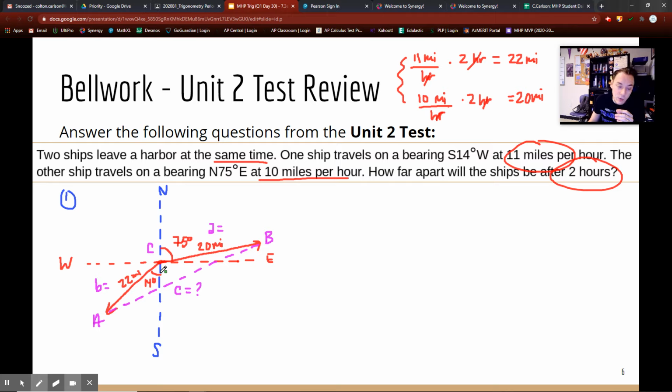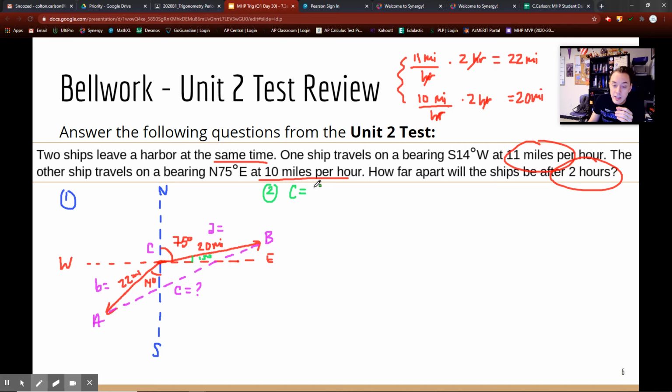Well, I know that this is 14, this is 75, so what is that? If that's 75, that must be 15, right? Because that means that's going to be 90 degrees. And then this is another 90 degrees right here. So what is angle C?